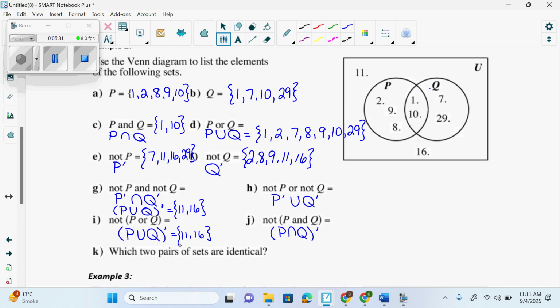Not P or not Q is the same as P, Q, put the not outside, and the or symbol becomes an and. So it's not P and Q, so I cover up the eyeball and list everything else. So I get 2, 7, 8, 9, 11, 16, and 29. The only numbers I'm not counting are 1 and 10. And then H and J are the exact same, the same answer.